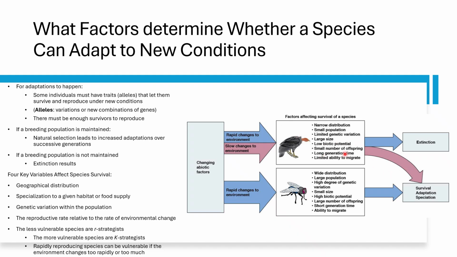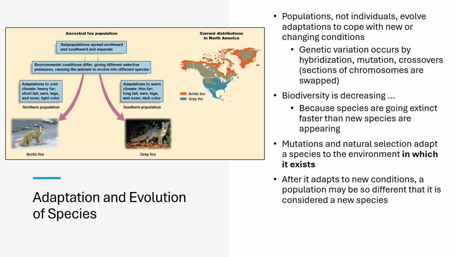If you have any change in those environments, you're likely to see extinction. In contrast, an organism like the fly, where you have a lot of progeny, it's very small, can survive on many different types of diets, produces a lot of offspring, is more likely to survive.